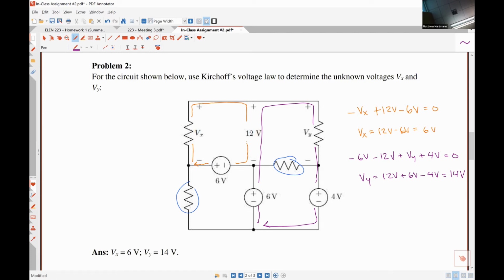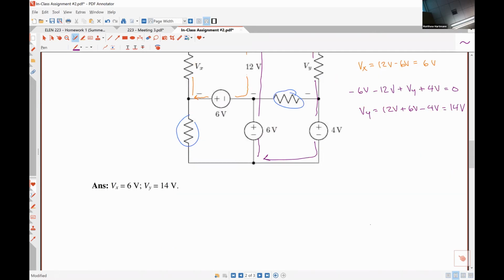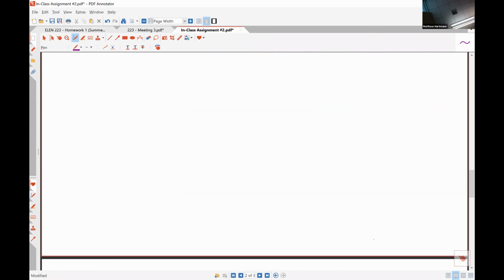And so I was able to determine the unknown voltages simply using Kirchhoff's voltage law. Anybody got any questions about how I approached that particular problem? All right, nobody's saying anything, so let's jump forward to problem number 3.